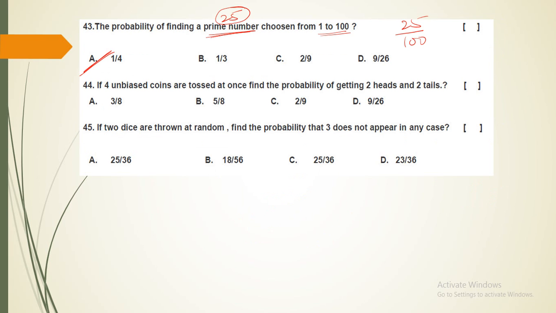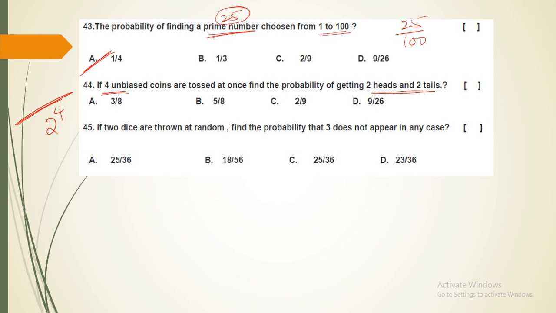If 4 unbiased coins are tossed at once, find the probability of getting 2 heads and 2 tails. How many coins are tossed? 4 coins, so total outcomes are 2 power 4. Now what is he asking? 2 heads and 2 tails.